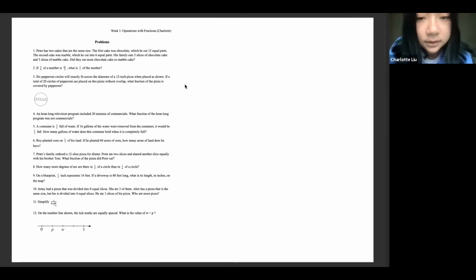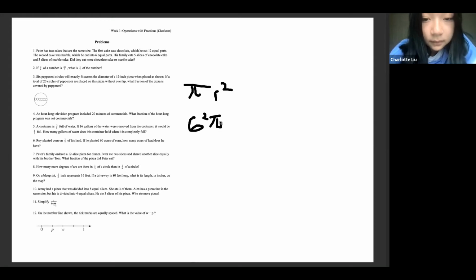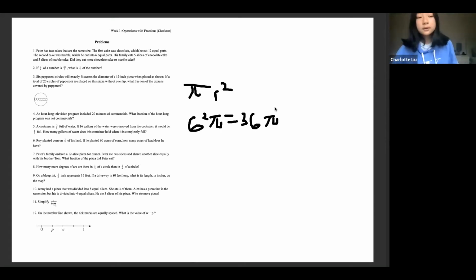The area of a circle is pi r squared, and r is the radius, which is half the diameter. First we can find the area of the pizza. The radius would be 12 divided by 2, which is 6. Putting it into the equation, we get 6 squared times pi, which equals 36 pi. Most of the time you don't need to round the answer, so you can just keep it as pi.